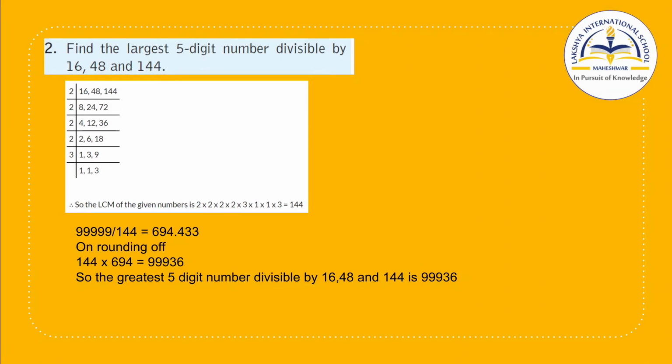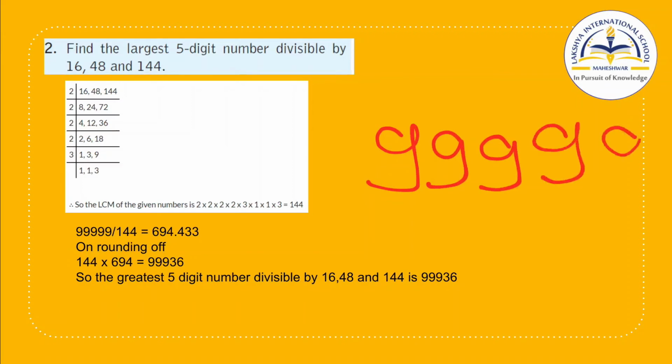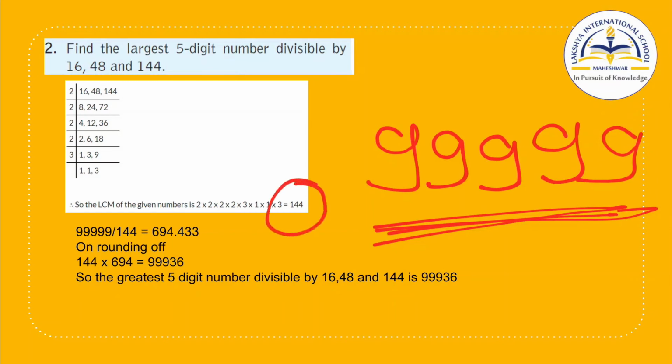Question number 2, find the largest 5-digit number divisible by 16, 24, 8 and 12. So the largest 5-digit number is 99999. This is the largest 5-digit number. First we have to take the LCM, and our LCM answer is 144.